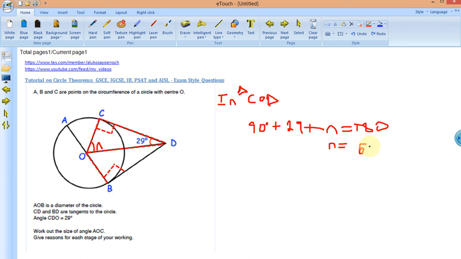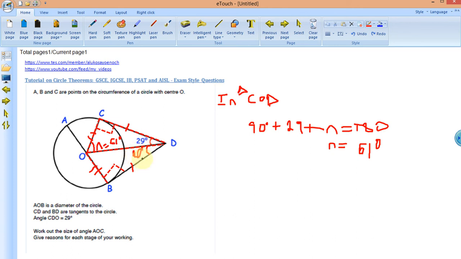So N is 61, and I just write it equals 61 here. For the same reason, because this is a tangent, these two sides are equal, and this radius to this are also equal. So the implication is that this place will be 29. So you don't need to waste your time with this 29 degrees.